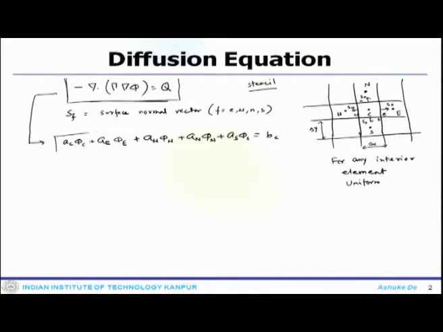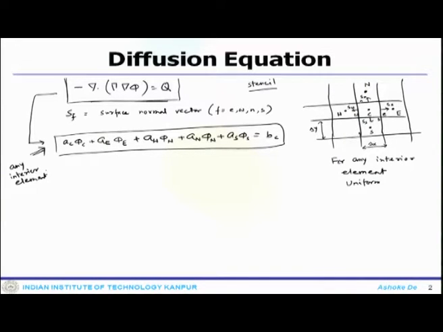So, this is the discretized equation that we obtained for any interior element. Any interior element is governed by this particular set. Essentially this discretized equation is going to get you the Ax equals B.